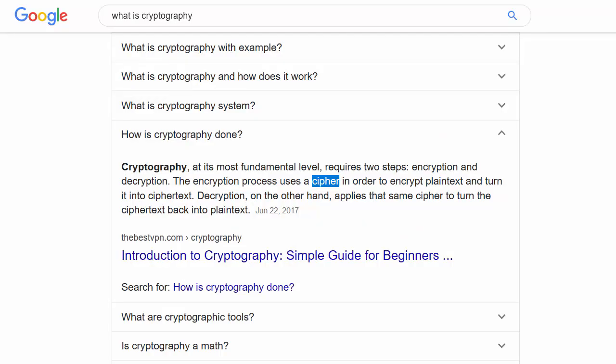If you didn't catch on, that's not a problem. It's not always easy to draw a conclusion from just an image. But your next move would be to Google, I guess. And if you Google cryptography, sooner or later you will get to how it's done, because it's all about encryption and decryption, and it will say that a cipher is used.